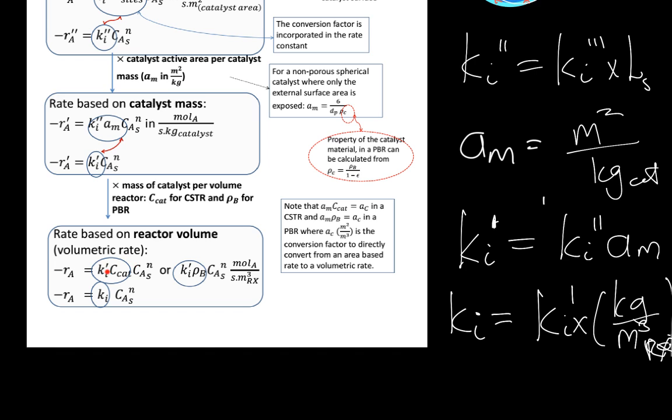For a CSTR, that is a variable. I can add more or less catalyst in my reactor and change the concentration. Whereas for a packed bed reactor, that is a function of what is my catalyst concentration and what is the porosity in my catalyst bed.